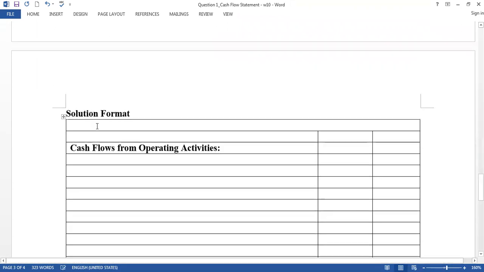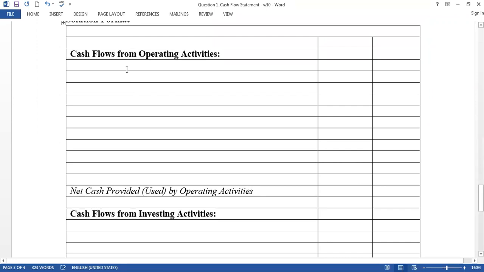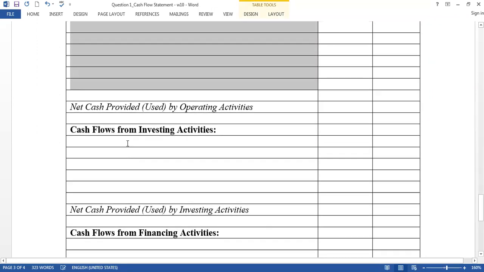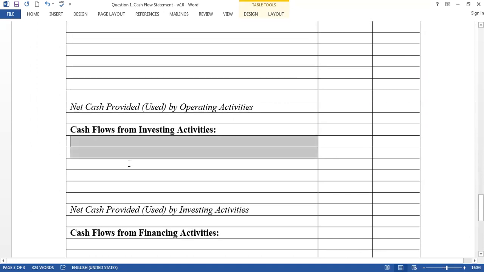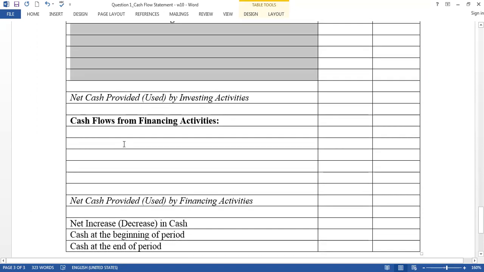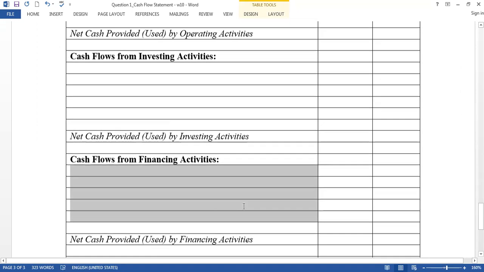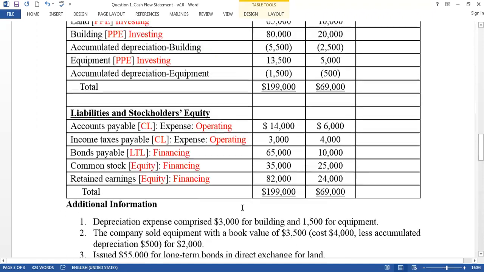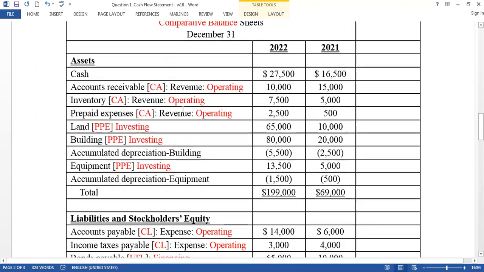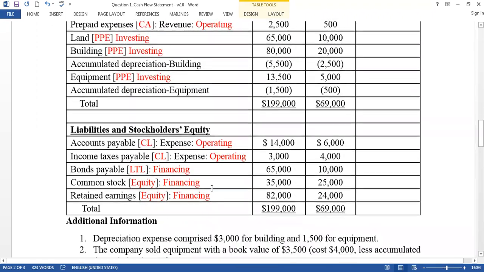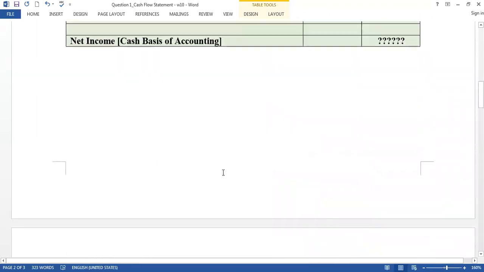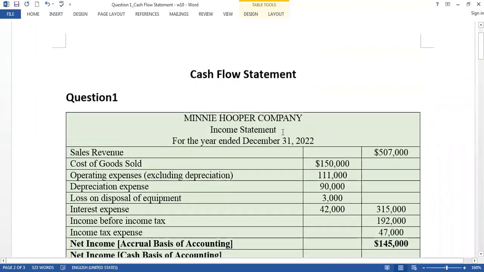According to the solution format, we should record operating activities here, investing activities here, and financing activities here. So three different sections. From the question paper, you should also figure out which are operating, investing, and financing. And we already have the income statement.